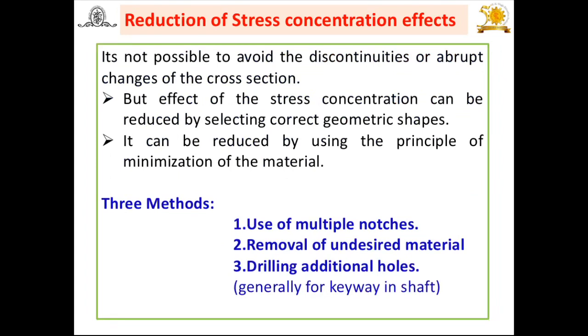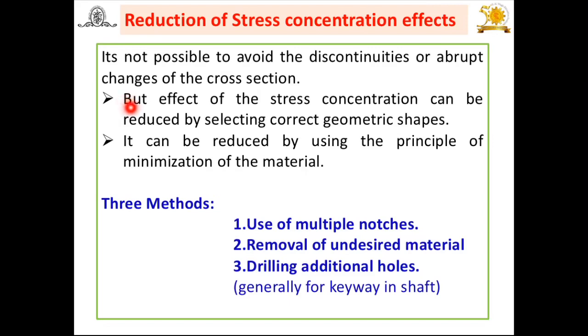That is important. But how to reduce the stress concentration effect? It's not possible to avoid discontinuities or abrupt changes of the cross section, because they are a requirement for proper mounting of the elements of the mechanical system. And because of that, it's not possible to avoid the stress concentration.